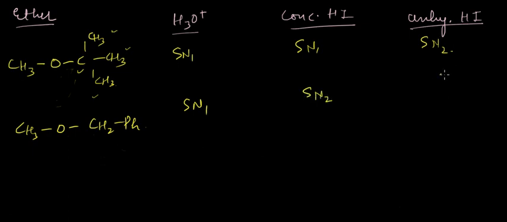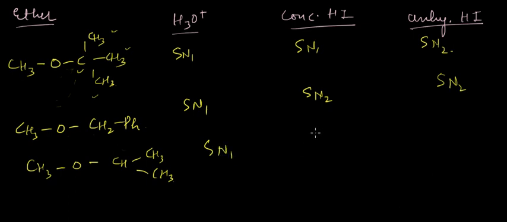So in anhydrous HI, there is no question that there will always be SN2 reaction only, because there is no water molecule involved here. Let's take a look at this example. So in this case, again we can get a 2-degree carbocation, so this will prefer SN1.